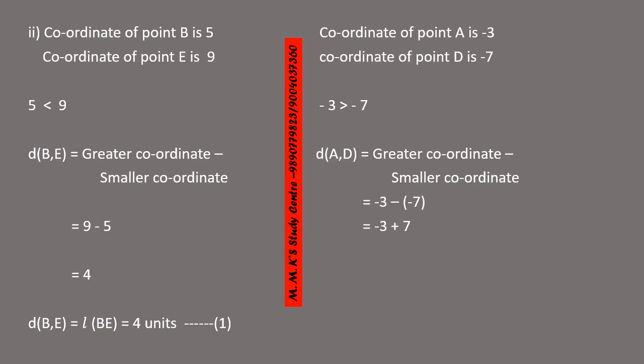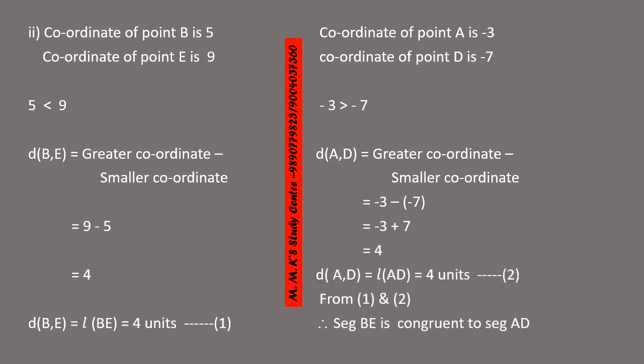So minus 3 will remain as it is, children, whereas a minus minus will become plus. So you will get minus 3 plus 7. So different sign is there, so we will subtract. So 7 minus 3 will get 4. Distance AD is equal to length AD is equal to 4 unit.